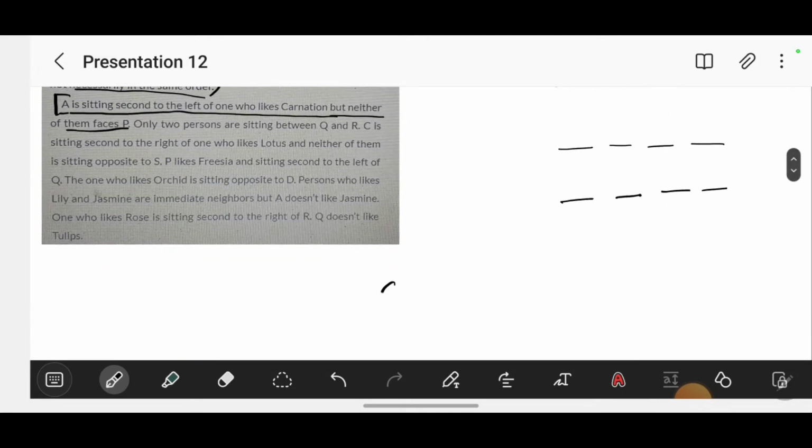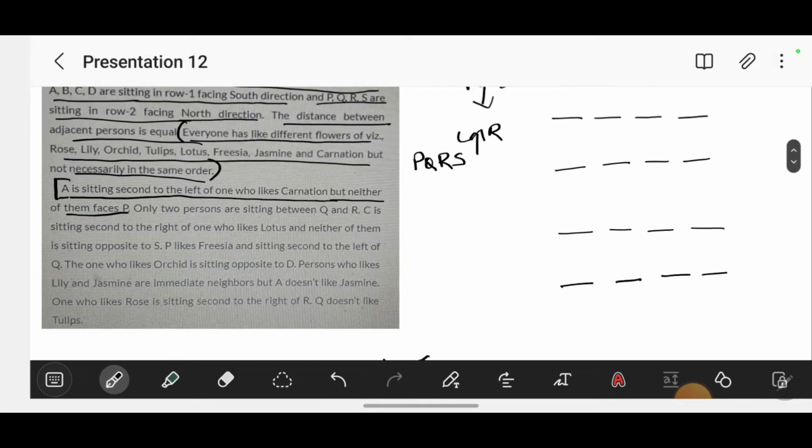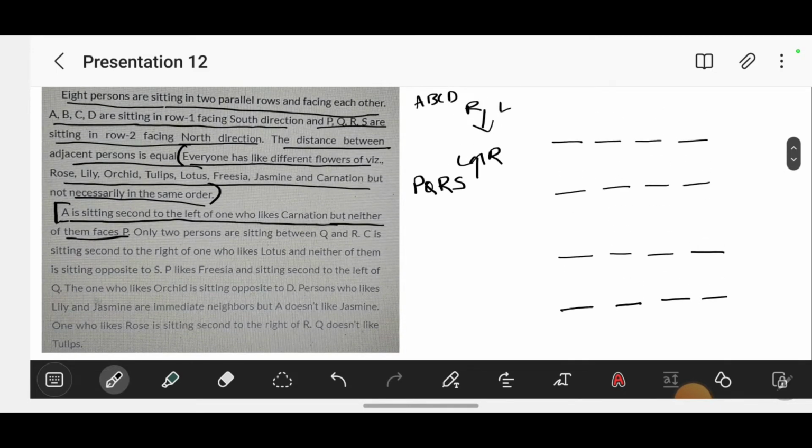There are 2 chances. One is here, take carnation here, then A is sitting second to the left of carnation, so A should be here. In the second case, carnation here and A should be here. These 2 are the only cases possible.